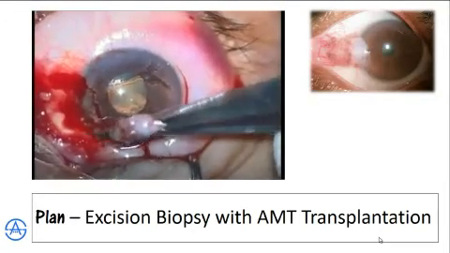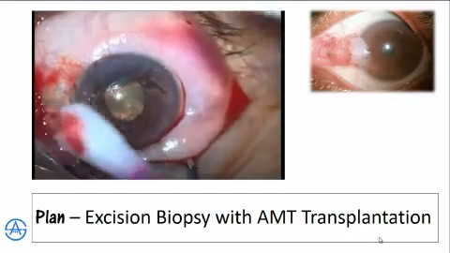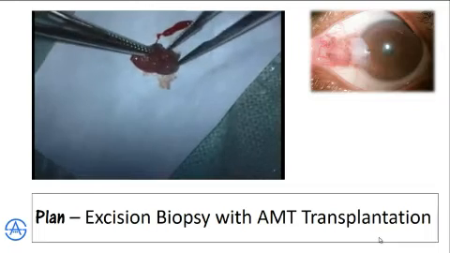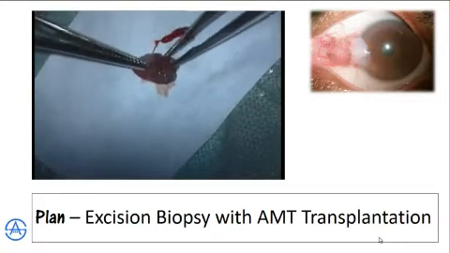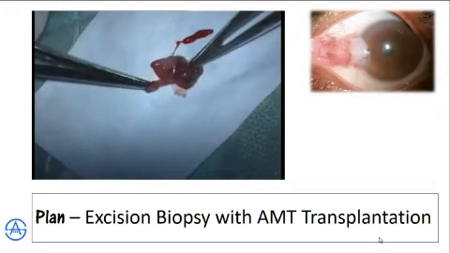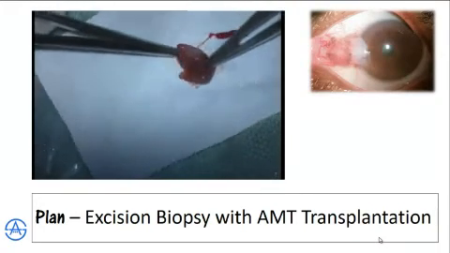Once the lesion was completely excised, it was kept on a sterile steri paper and spread out to demarcate the corneal and the conjunctival surface.